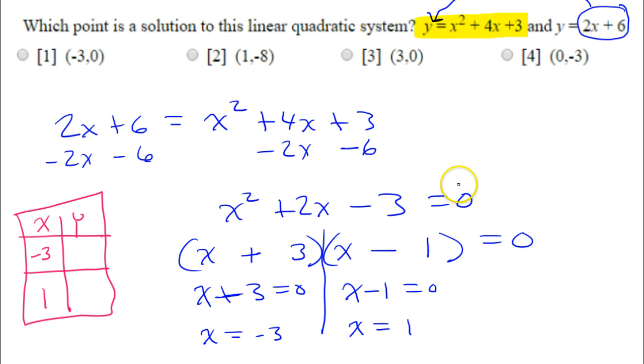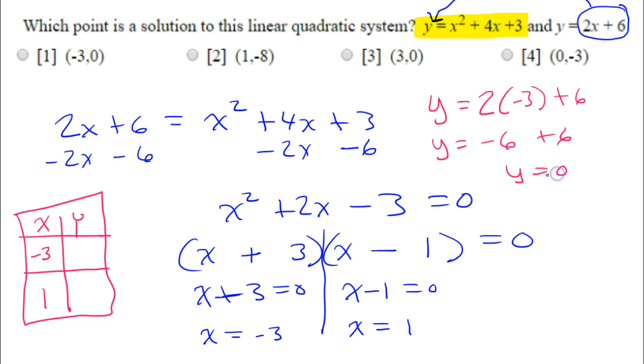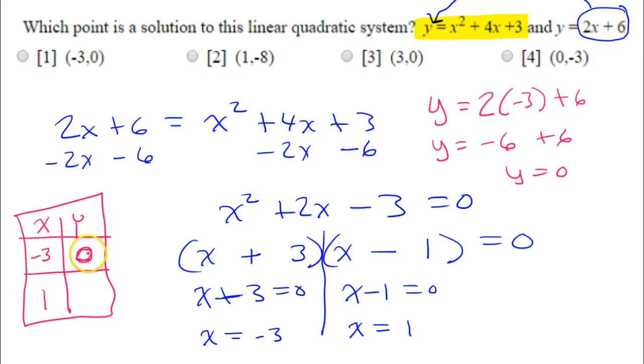It would be fairly easy by hand. For an x value of negative 3, I plug in negative 3 for x: 2 times negative 3 plus 6, which is negative 6 plus 6. That's 0. So I've got a y value of 0.